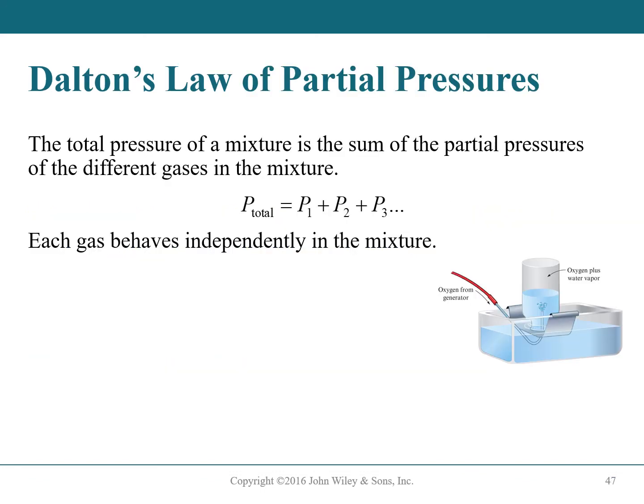Okay, now let's talk about partial pressures. So let's go back to just assuming ideal gases, because we typically work in the ranges for our gases to behave like ideal gases. If I have a mixture of gases, and most of the time when we talk about gases, they are mixtures, then the total pressure is the sum of each of the different types of gases.